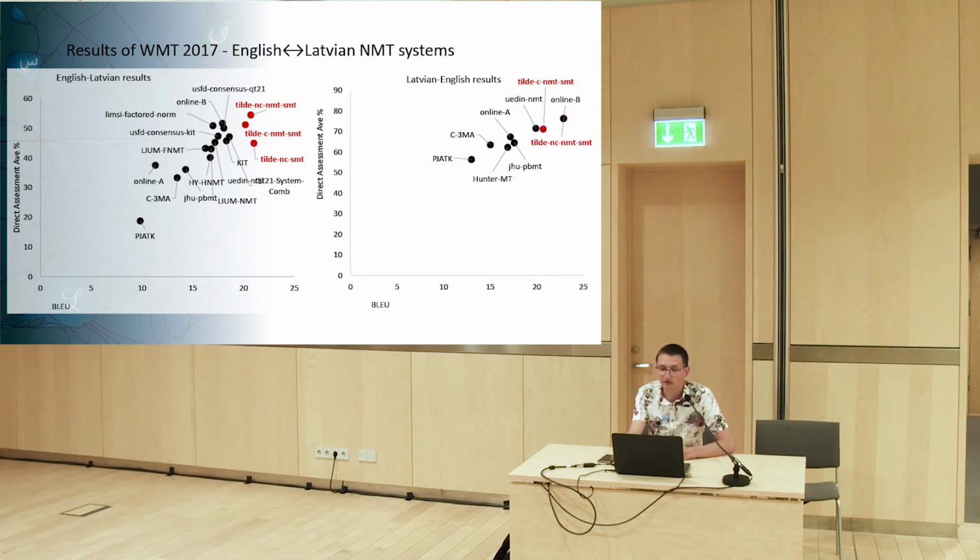In 2017, here you see official results from the shared task. On the vertical axis, you will see the human evaluation. So the higher the score, the better the systems are ranked by human evaluators. And the human evaluators are professional translators, language experts. And on the horizontal axis, you'll see automatic evaluation scores, the BLEU scores, which are calculated automatically.